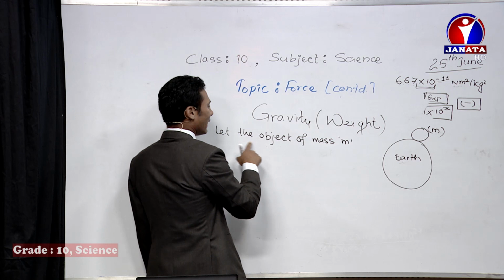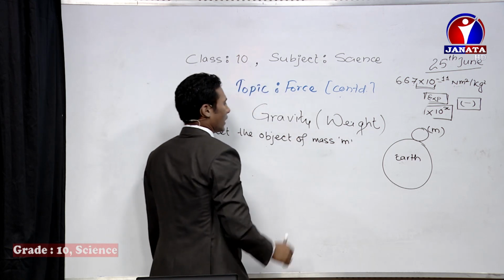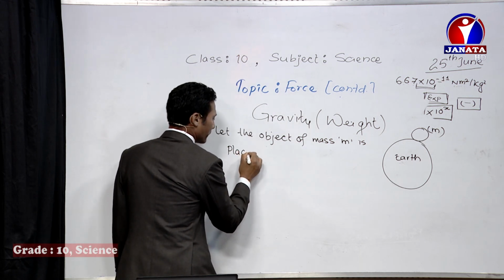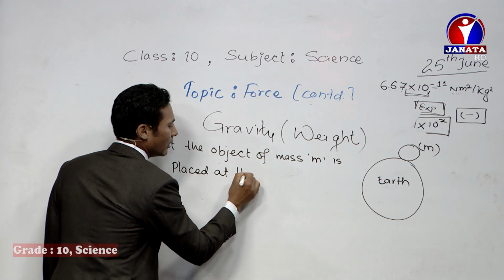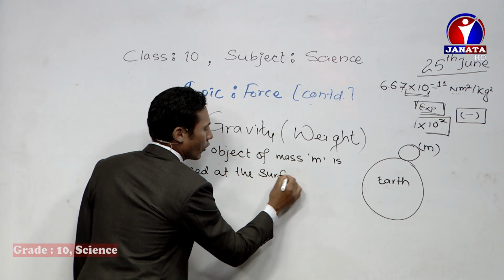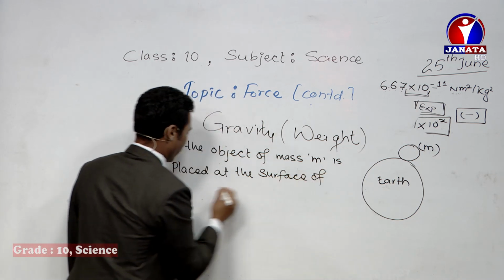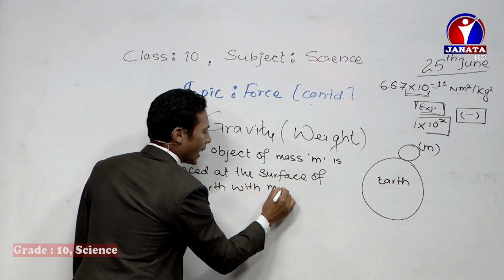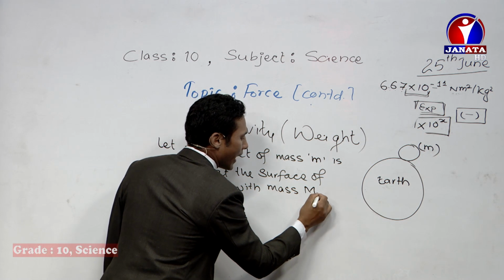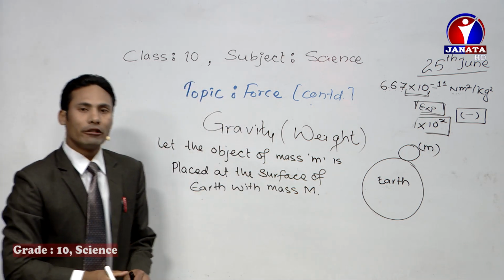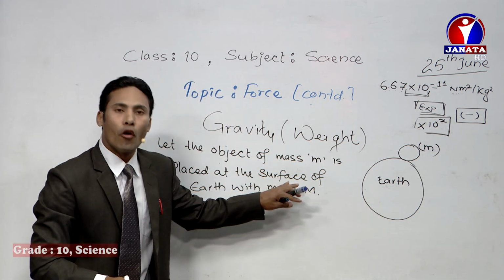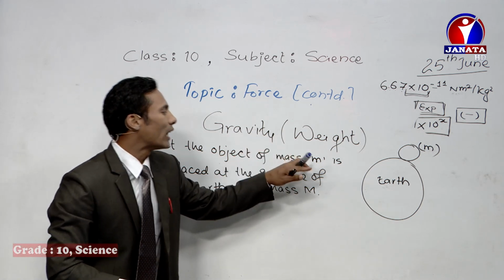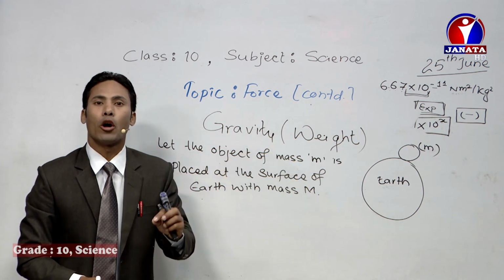And let the object of mass m be placed at the surface of earth with mass capital M. So remember that generally the mass of the earth is represented by capital M, and the small m is the mass of the small object.